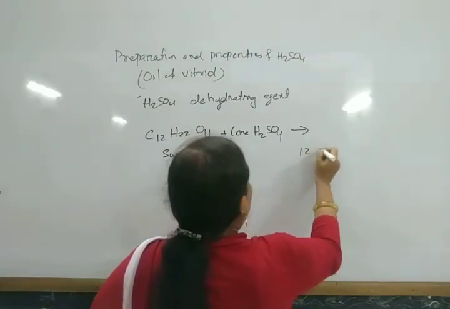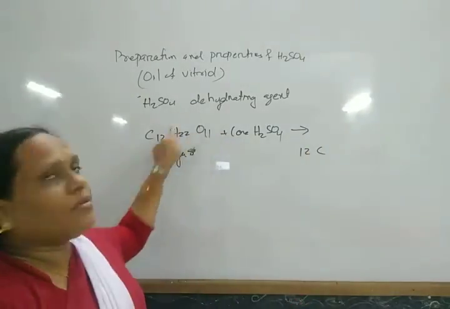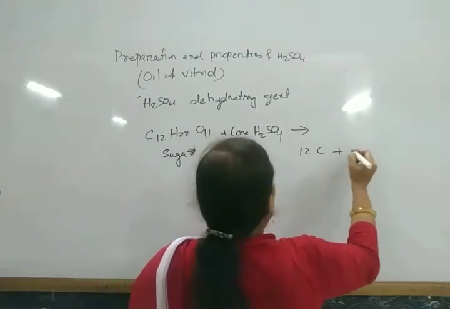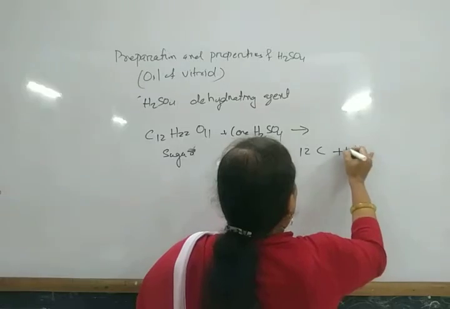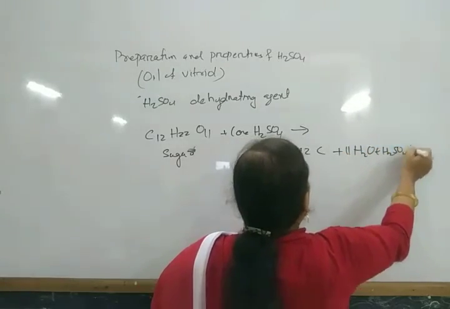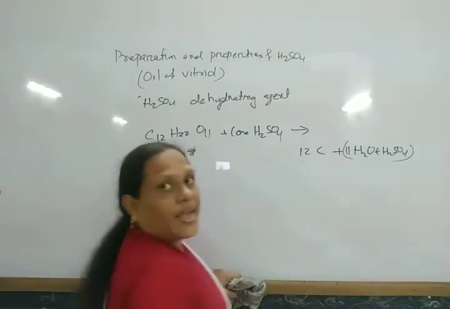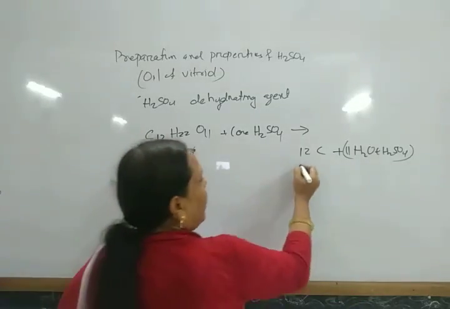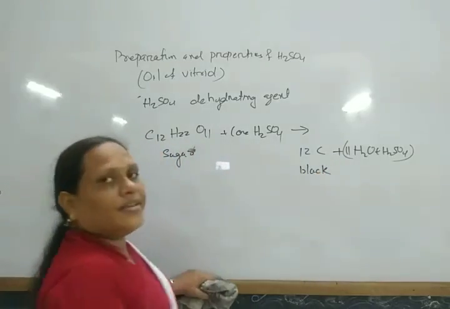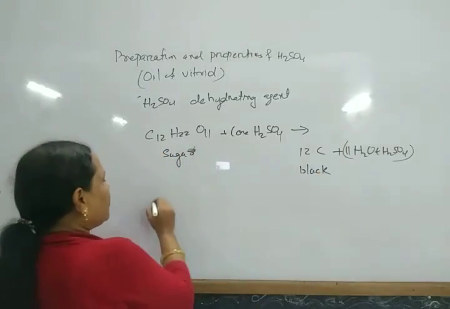So 12 carbon, with all these water molecules removed, plus 11 H2O plus sulfuric acid. In this way it forms hydrates of sulfuric acid and a black mass is obtained. So this is called charring of sugar.